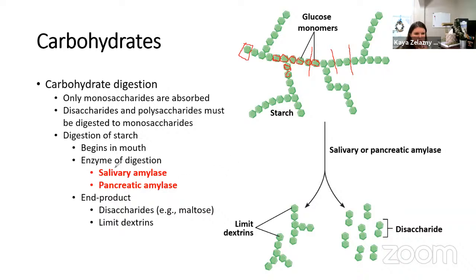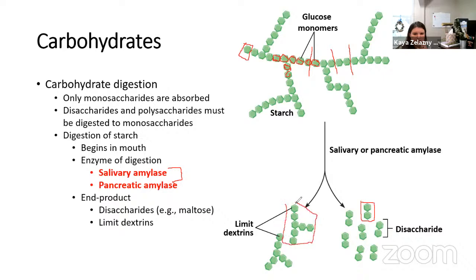Okay. So the end products of the digestion of starch with these two enzymes are either little disaccharides, or these structures called limit dextrins.